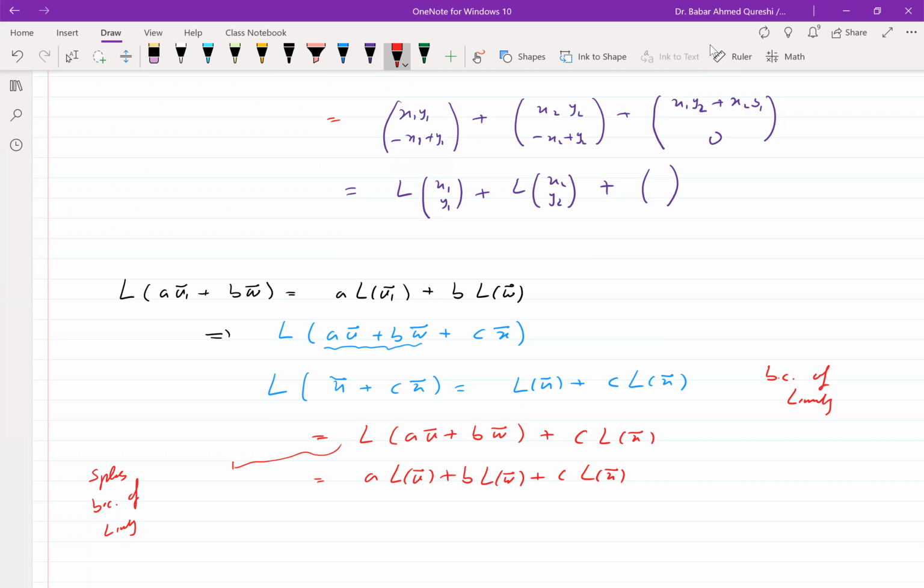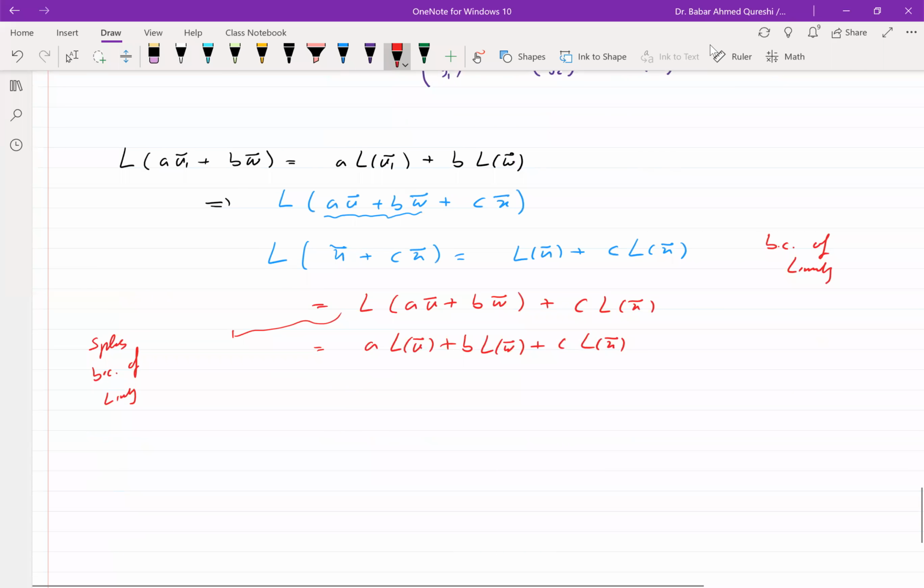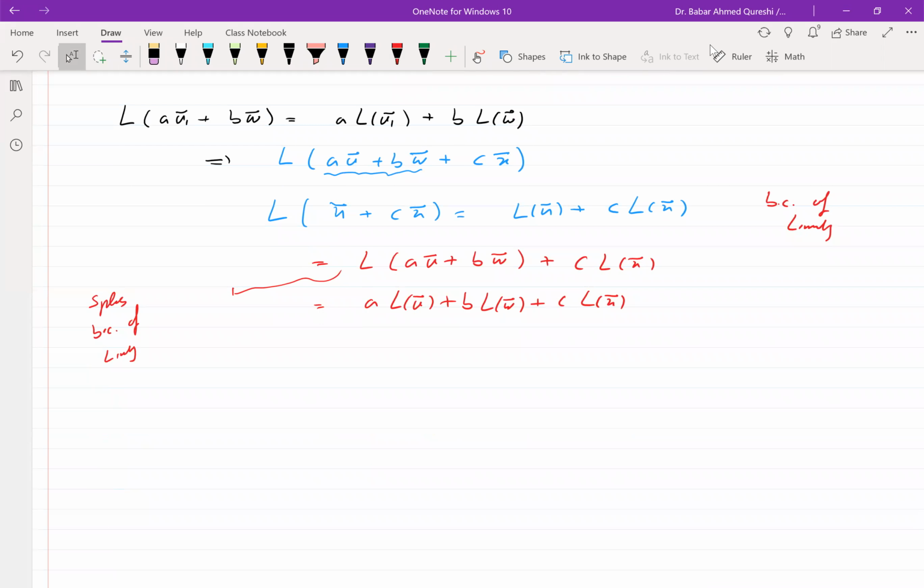You can include more. You can do it step by step and you will conclude. So you don't have to do step by step every time. Linearity is this general splitting. If your transformation is linear, this will happen. This is what you have.